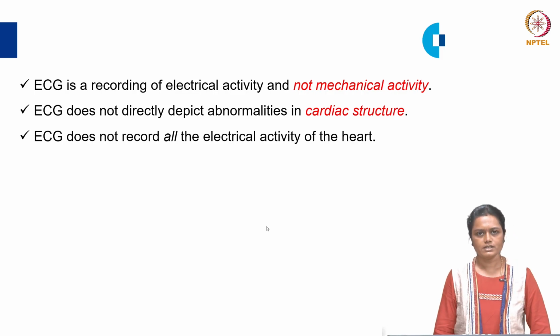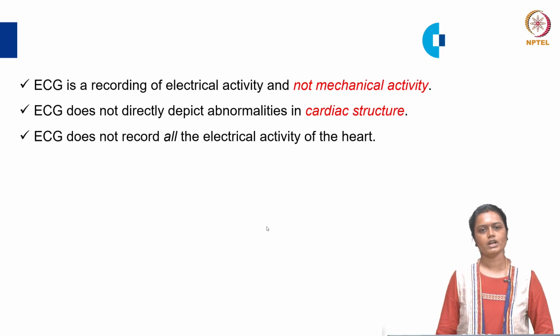So, the take home messages will be: the ECG is a recording of only the electrical activity of the heart and not the mechanical activity. That is, the pumping or the contractile activity of the heart cannot be recorded with ECG. And the second point is, the ECG does not directly depict the abnormalities in cardiac structure.